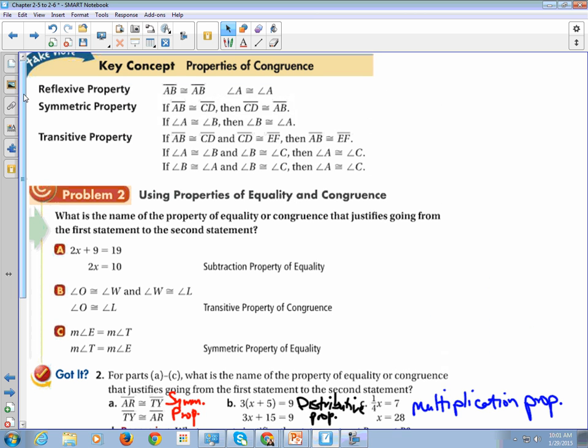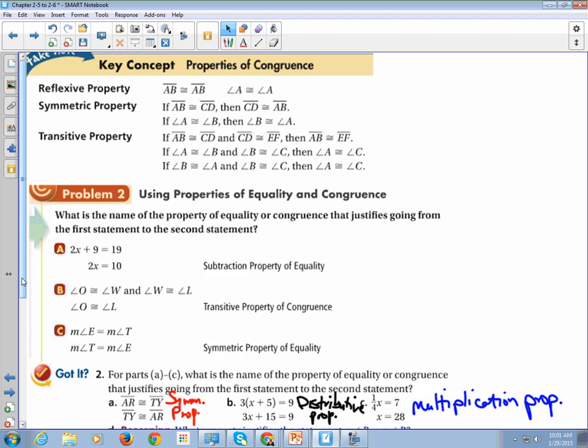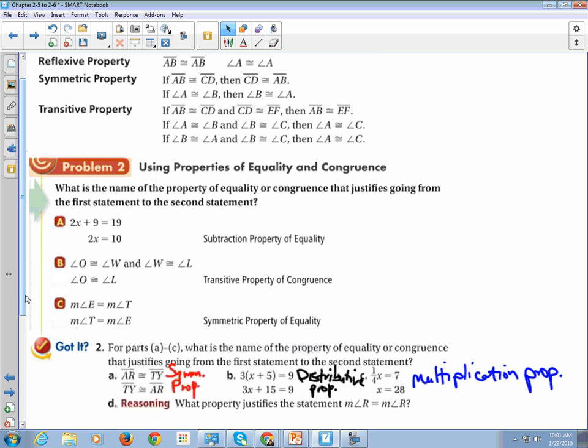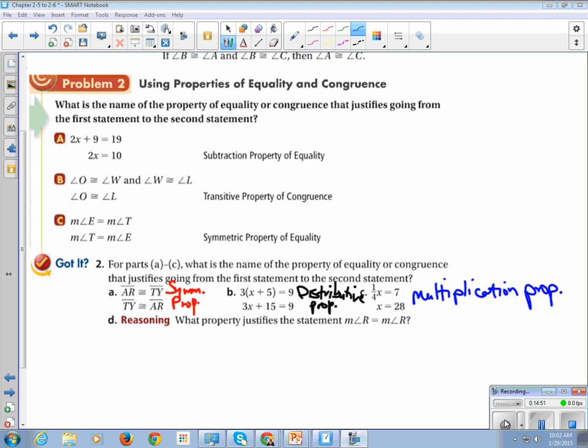Out of these properties, which one is the angle equals the angle? We haven't used it yet, as your hint. So that is the reflexive property.